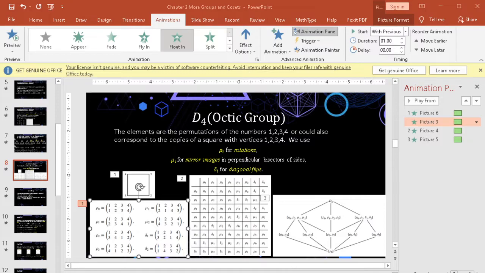So, sige. Let's start with P sub 0. Rho yan. This is the identity element.